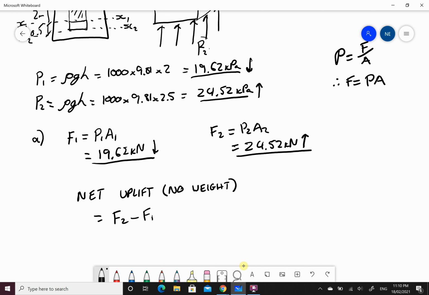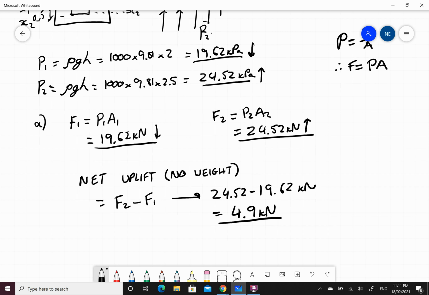Alright, and what that gives us is 24.52 subtract 19.62, all in kilonewtons. This gives us 4.9 kilonewtons. Alright, that is our net uplift if the object is weightless. Just the difference between the two.